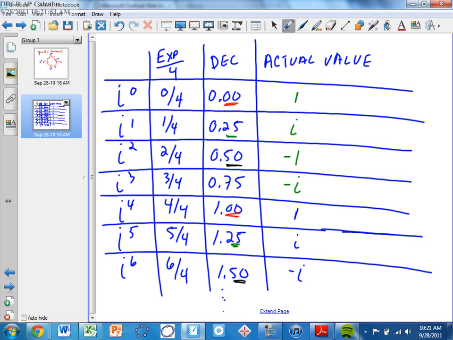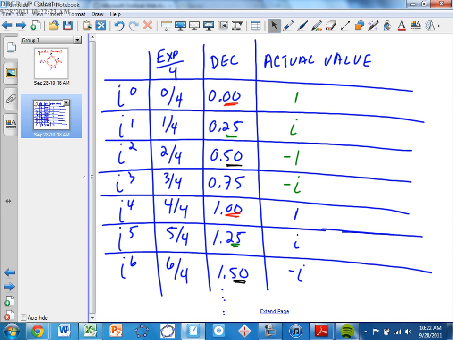We can go down this table further. So what we're doing here is the following. We're taking our i wheel that we had, and we're applying decimal values to each one of these. So if you had a number like i to the 252nd, all you need to do is divide by 4 and look at the decimal.